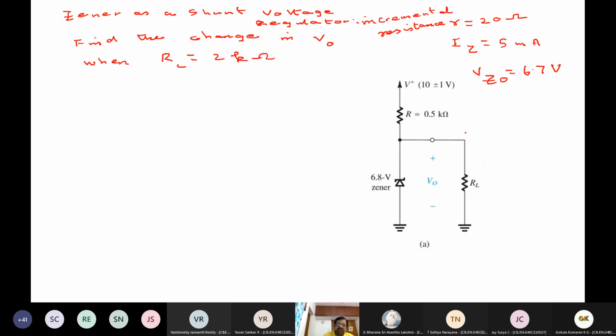So try to understand this. There is a load that is now connected, which is 2 kilo ohm. So this is going to draw a current.